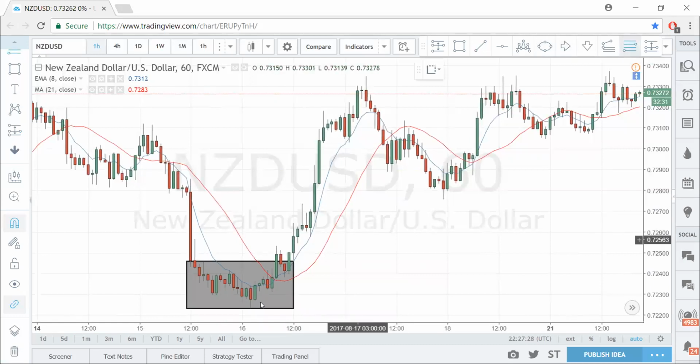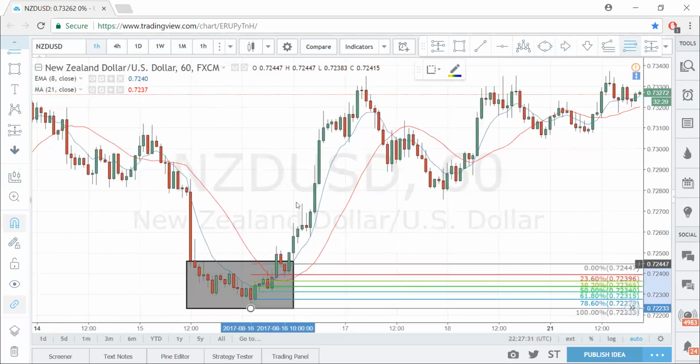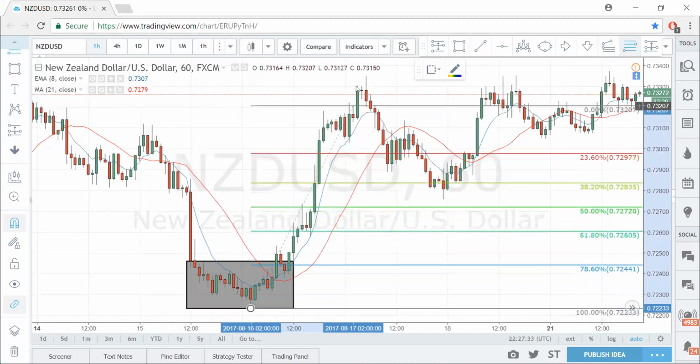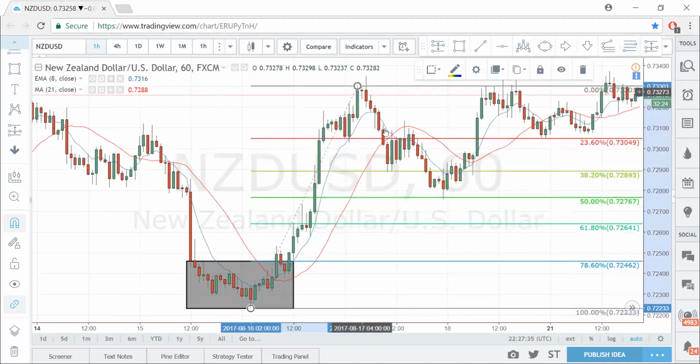So you draw from your starting point all the way to where the market decided to turn here. Now, you don't know where the market is going to, but the moment you plot in your Fibonacci retracements, you know that price will retrace always to 23. So if you sold here, you know for sure that you're going to take your profit here.